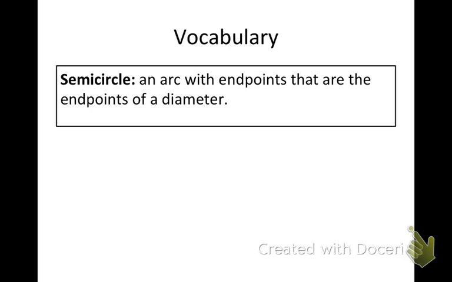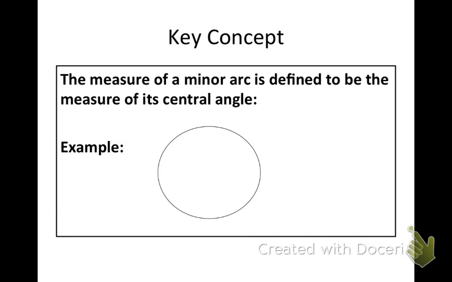All right. Everybody good? This is already written for you, so we're just going to do an example here. It says the measure of a minor arc is defined to be the measure of its central angle. Go ahead and make a central angle, and we're going to pretend that it is 70 degrees. I'm going to label the endpoints of the arc A and B. This is our notation.